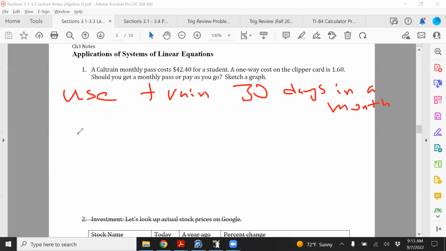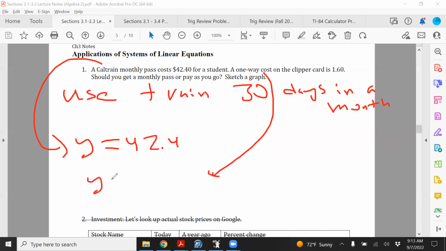So the monthly pass would just be like this. The one-way pass would be like this, where x would be the number of days. So it's pretty clear that we travel 30 days. We're talking 30 here. Which one's a better deal? With one-way passes, you multiply 30 by 30 one-way passes, compared to the monthly pass. The monthly pass would be better.